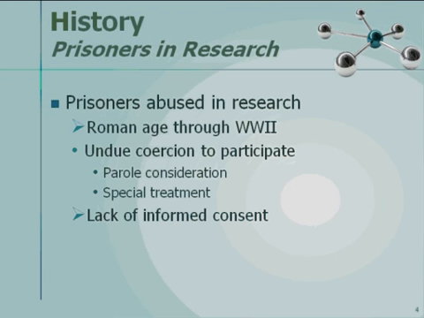That's the appropriate way to approach this: thinking about prisoners as a vulnerable population that needs a higher level of scrutiny of the research being done with them, to make sure they're not being unduly coerced, that they are truly given informed consent, and that they are consenting to the research.